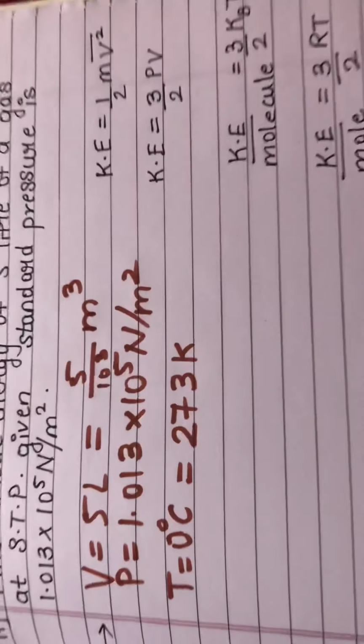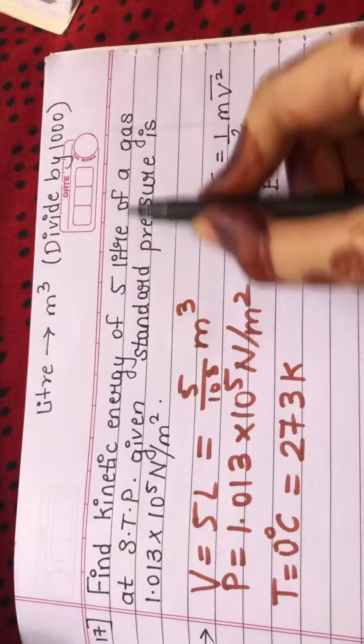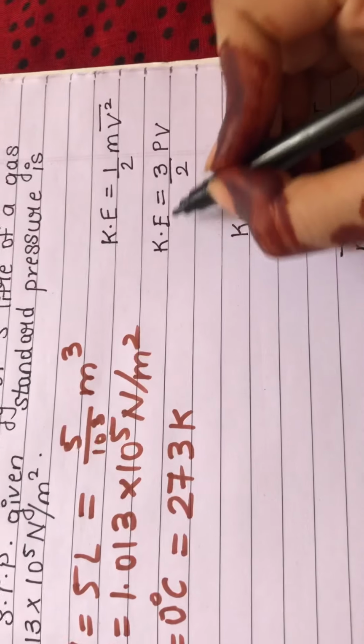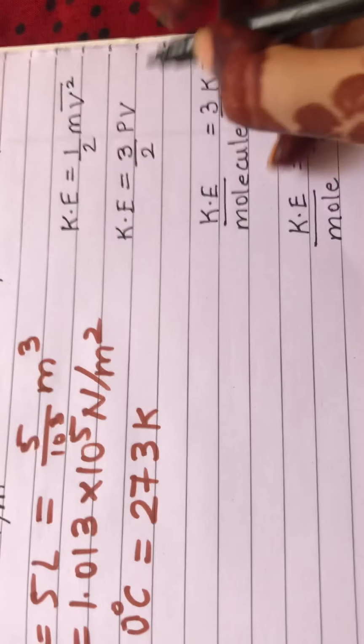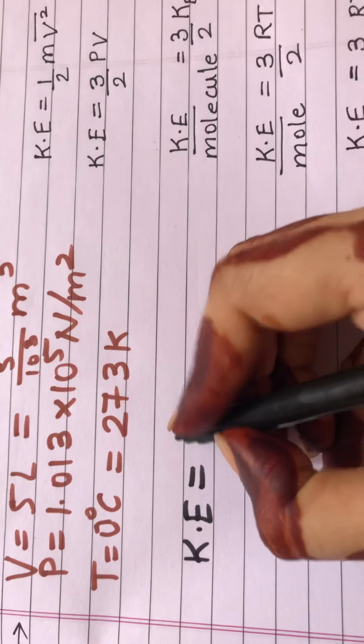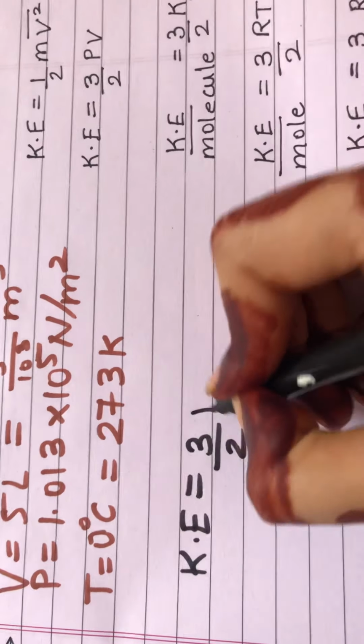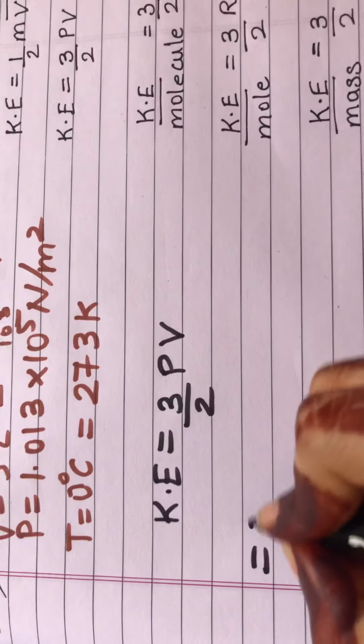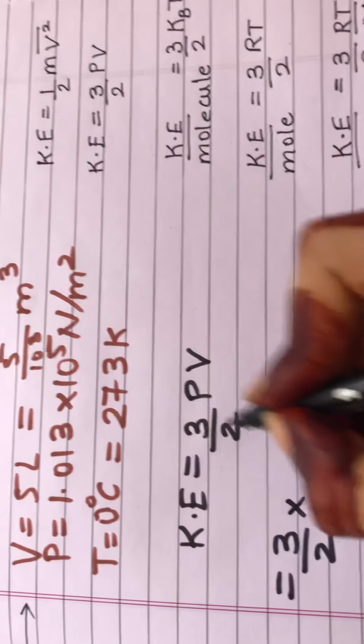Now next step, what is asked? Kinetic energy of a gas. So I have explained you all, kinetic energy of a gas is 3 upon 2 pressure into volume. So kinetic energy of a gas is 3 upon 2 pressure into volume, that is 3 upon 2. What is pressure given to you?